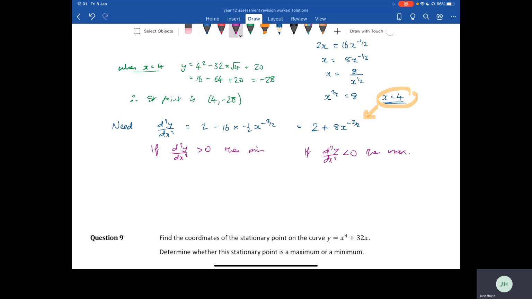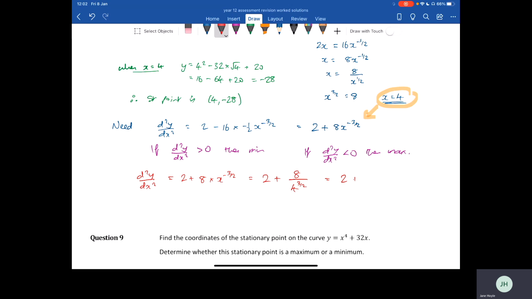And I think I can see already where this is going. Here, d2y by dx squared is equal to 2 plus 8 multiplied by x to the power of minus 3 over 2. If I write it like that, that's very obvious, isn't it? Because everything there is positive.